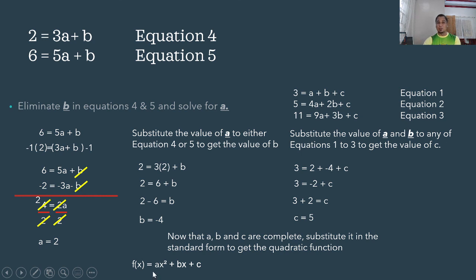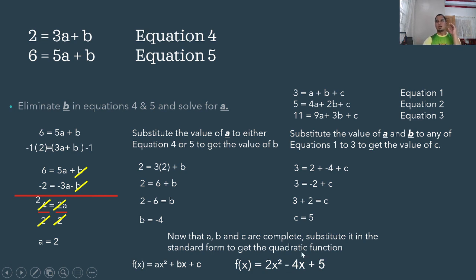Papalitan lang po natin yung a, b, at saka c ng mga values na nakuha po natin. So, a, b, at saka yung c. By doing that, we come up with 2x squared plus minus, so magiging minus 4x, ayun. And then, plus 5. And this exact quadratic function is the one given sa simula po ng slide nito.